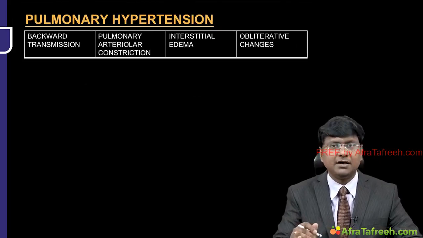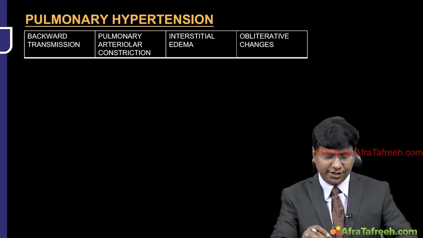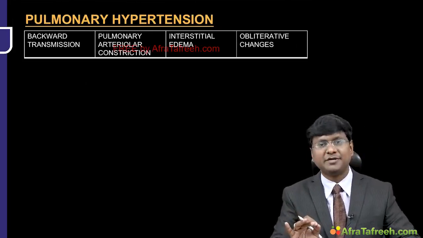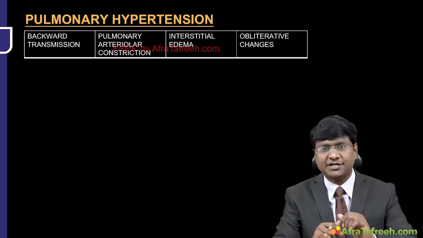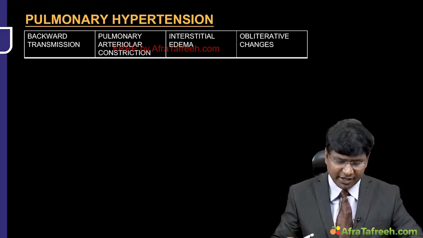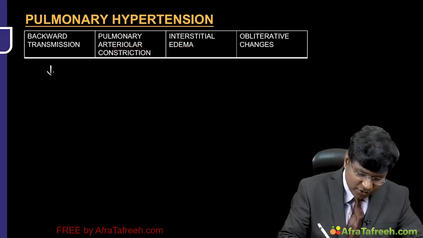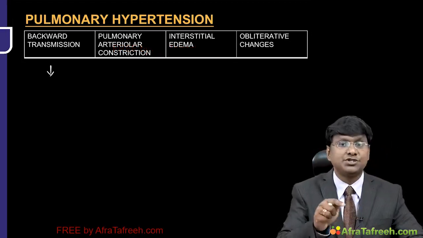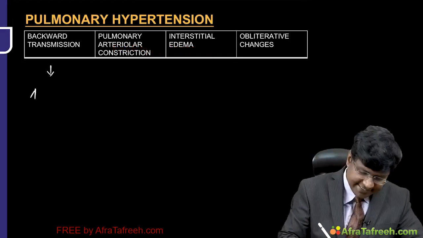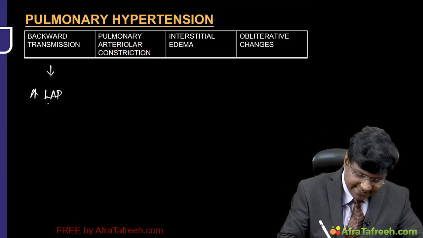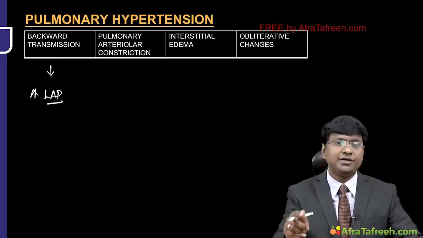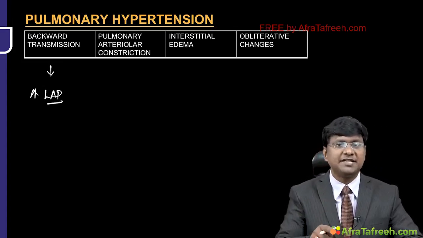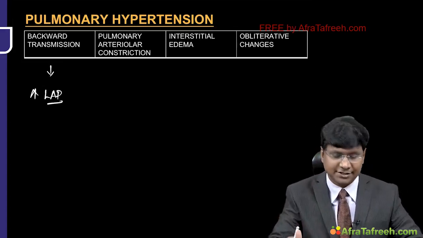Now, apart from the cardiac output in the pathophysiology, you need to know the development of pulmonary hypertension. So definitely there is development of pulmonary hypertension in patients with mitral stenosis. What is one mechanism? That is because of the backward transmission of the fluid. So there is elevated LA pressure. This elevated LA pressure will cause backward transmission of the fluid into pulmonary veins, pulmonary capillaries, pulmonary arteries, causing pulmonary arterial hypertension.